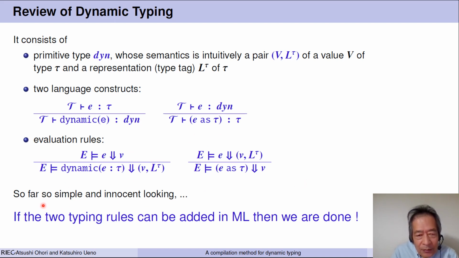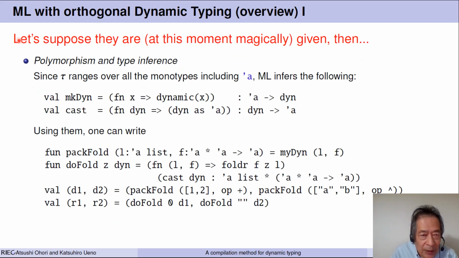This is so simple and so obvious and innocent looking. And indeed, if the two typing rules as they are shown can be added in ML, then we are done, meaning that we achieved ML with orthogonal dynamic typing. To see this, let's suppose they are at this moment magically given.